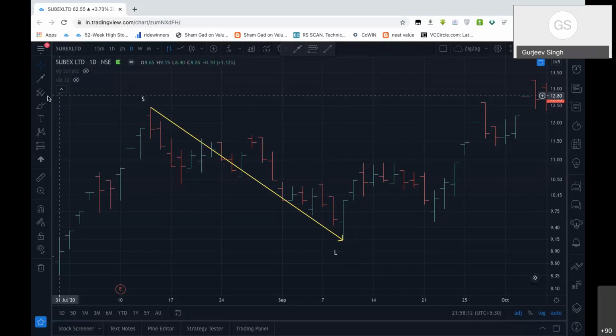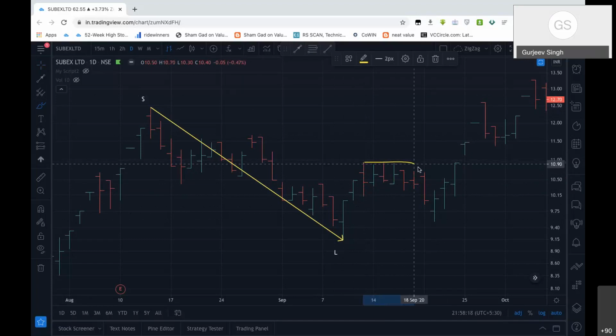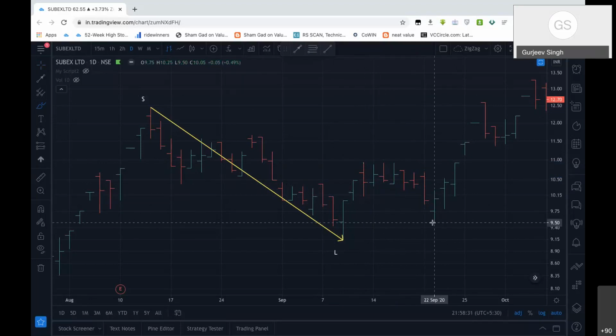But all these bars are inside bars. All these bars are inside bars, so all of them get ignored. One, two, three, 4, 5. So here my trend gets confirmed.